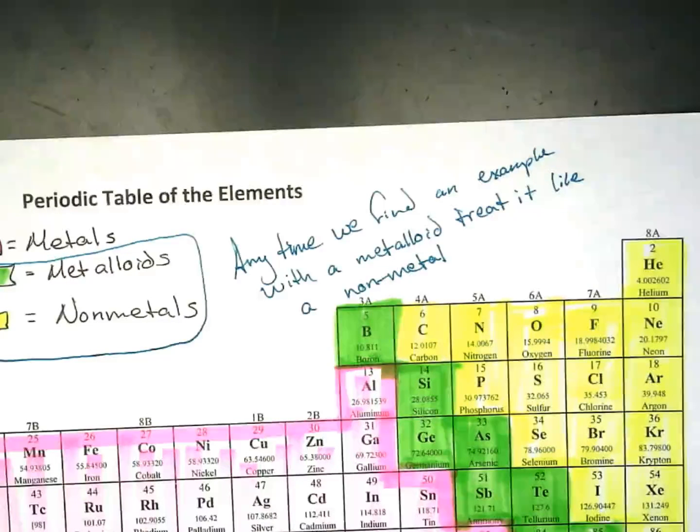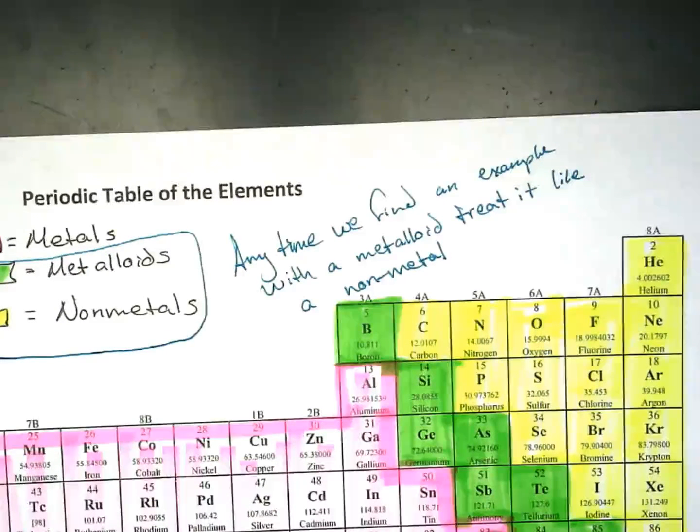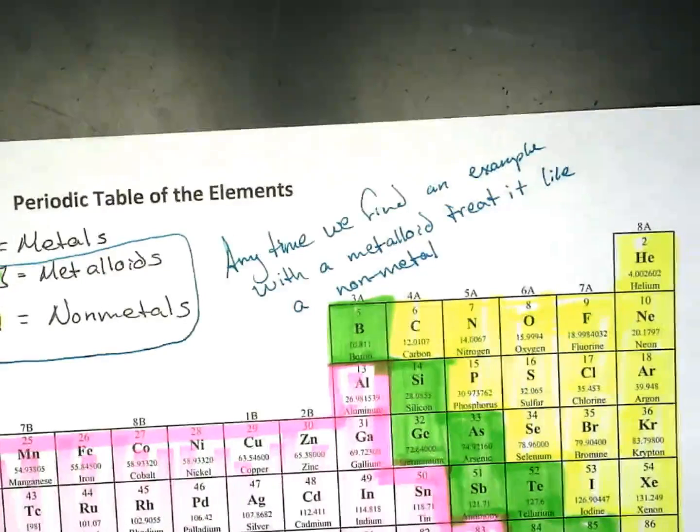It's not terribly often. Boron comes in every now and again. Silicon comes in every now and again, and I think so does arsenic, and so does antimony, but that's later on. But anyway, it'll be very obvious if it's an ionic bond or a covalent bond.